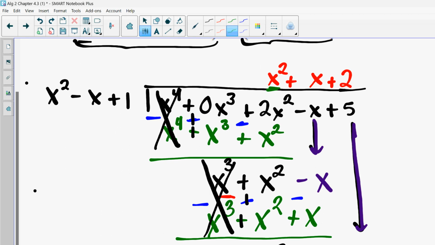So we're doing 2 times our x squared minus x plus 1. 2 times x squared is 2x squared. 2 times negative x is negative 2x. And 2 times 1 is plus 2. Any questions on this here before we subtract?